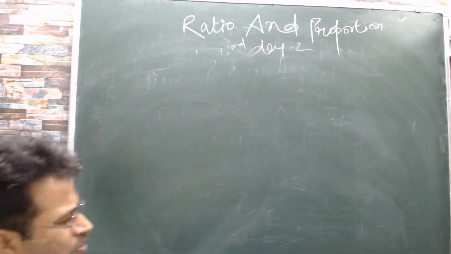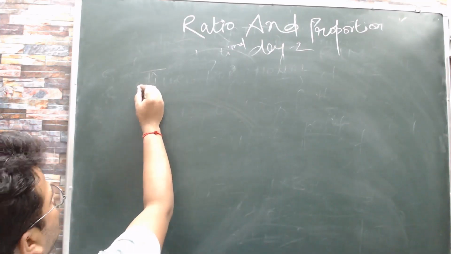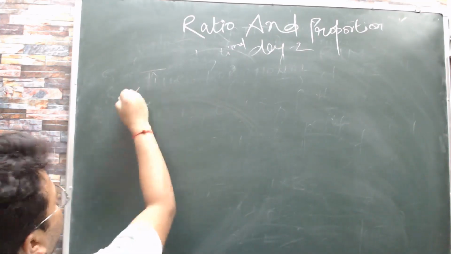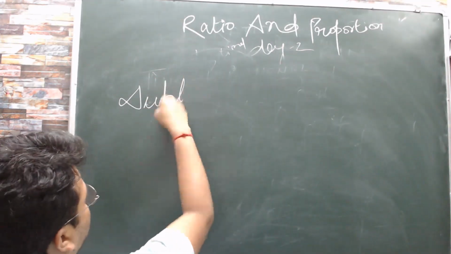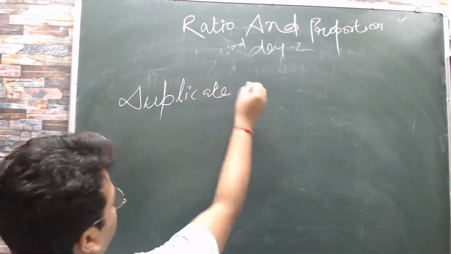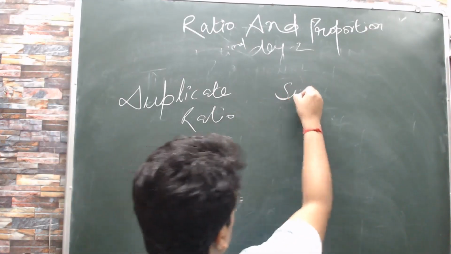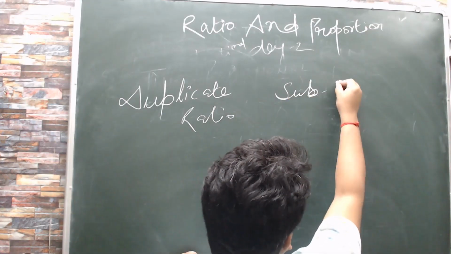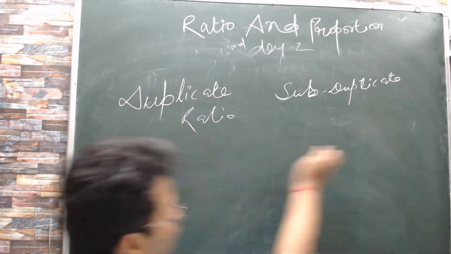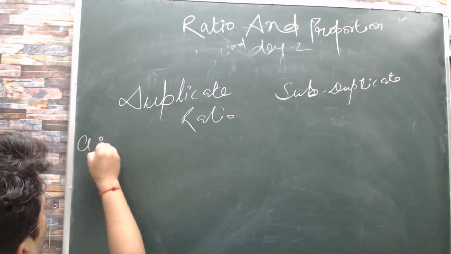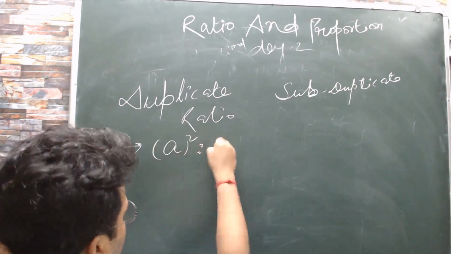Now, there are some more basic concepts, like how you will find the duplicate ratio and subduplicate. If you are given A ratio B and you need to find the duplicate ratio, what you need to do is square it.